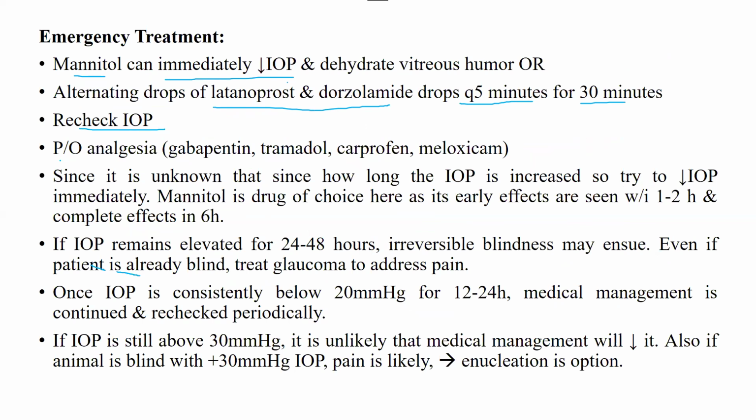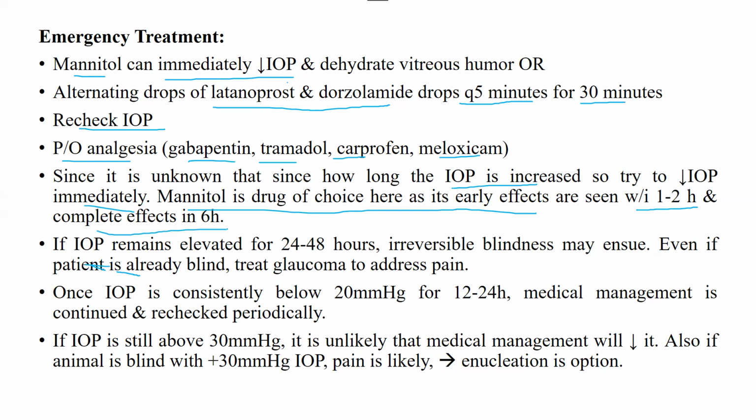Then we can give per oral analgesia, of course. The dog is having pain, so gabapentin, tramadol, carprofen, or meloxicam. Since it is unknown for how long the IOP has been increased, try to decrease the IOP immediately. Mannitol is the drug of choice here, and its early effects are seen within 1 to 2 hours and complete effects in 6 hours.